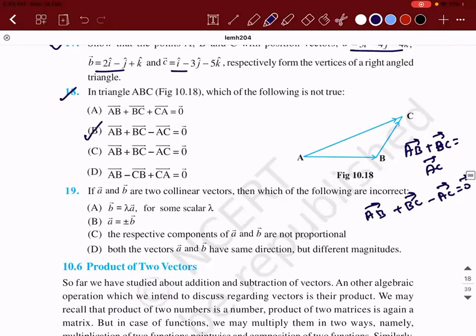So B is right. Minus AC vector is the same as plus CA vector, so it becomes plus CA vector is equal to null vector. So A is also right. But AB vector plus BC vector minus AC vector is also right. So what is wrong? This is the one that is wrong.